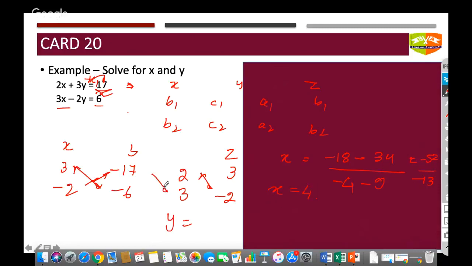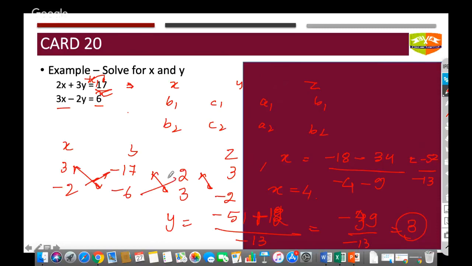Now y would be this, so minus 17 minus 3 is minus 51, and minus minus is plus 8, divided by this remains minus 13. What happens over here is, this is minus minus plus 8, so minus 51, and this is minus 12 plus 12, so this comes out to be minus 39 divided by minus 3, so this comes out to be 4.